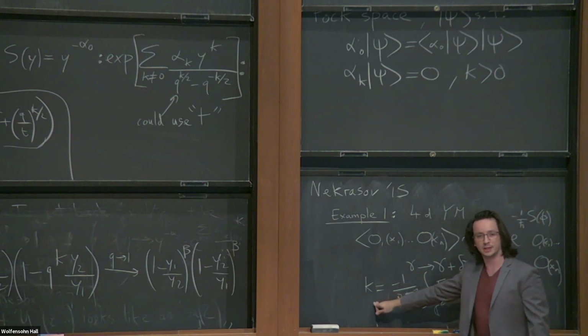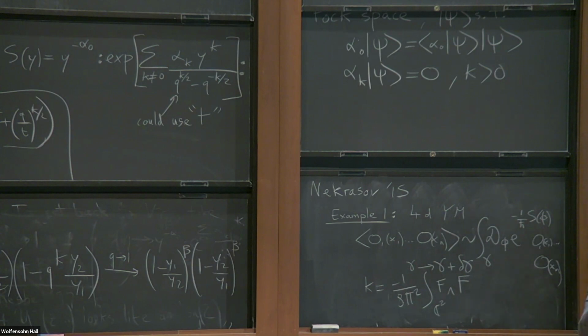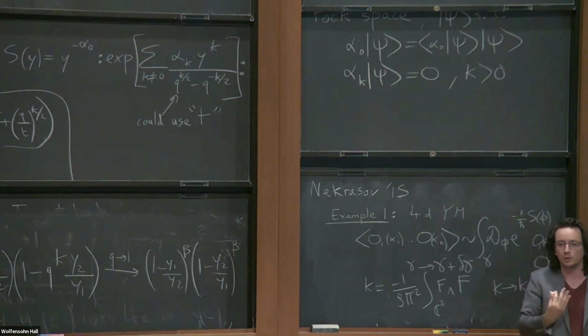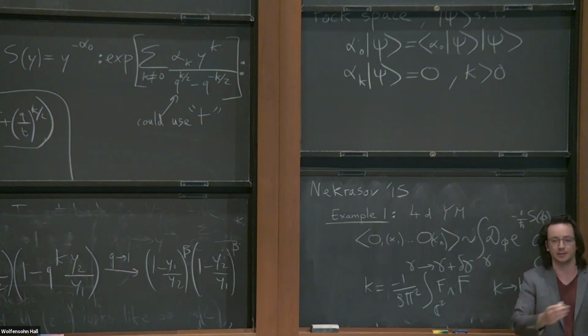So the question Nikita was asking was, what if I start in some instanton sector, slightly shift the contour in such a way that k gets shifted by some discrete number, maybe 1. In general, this is not something you can do.